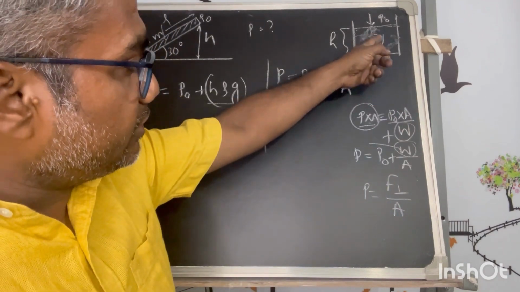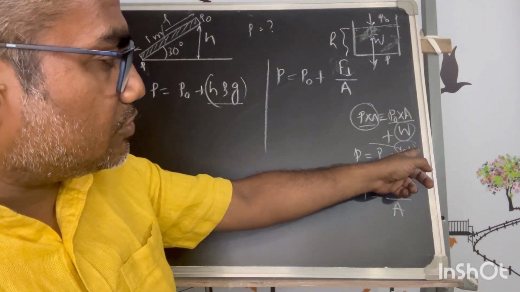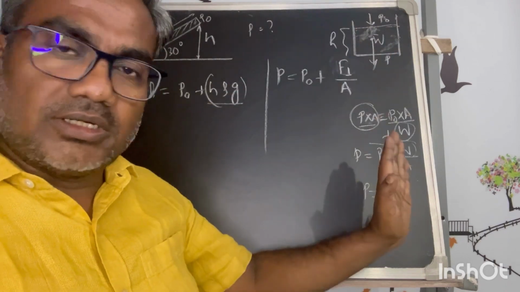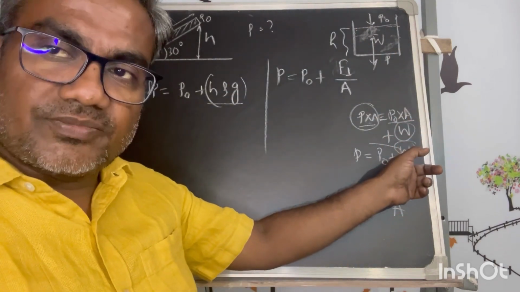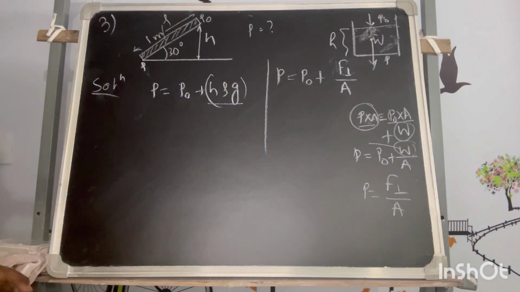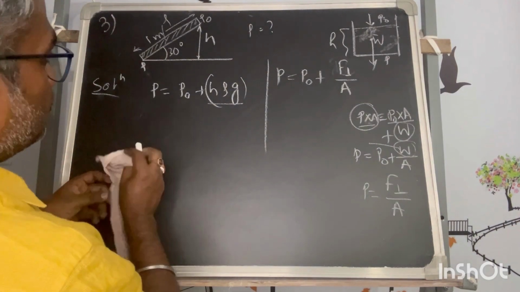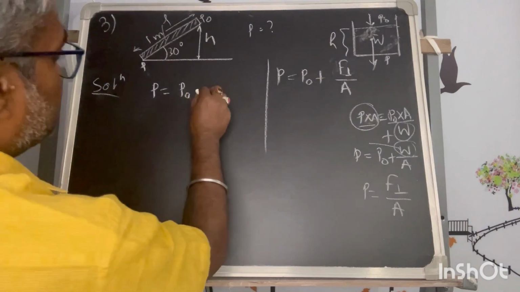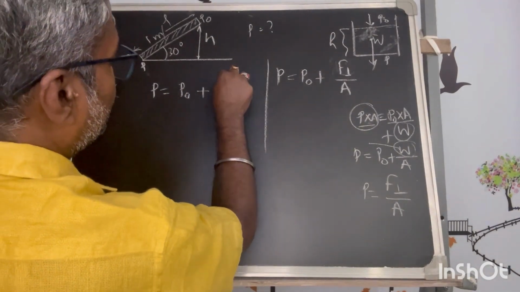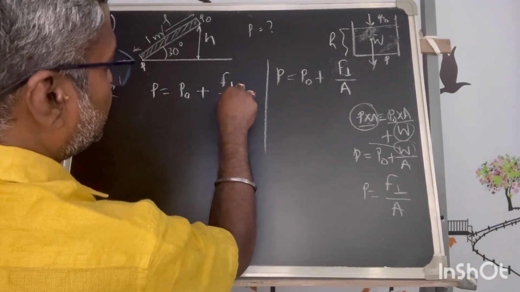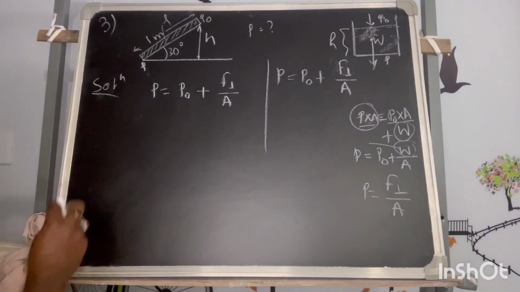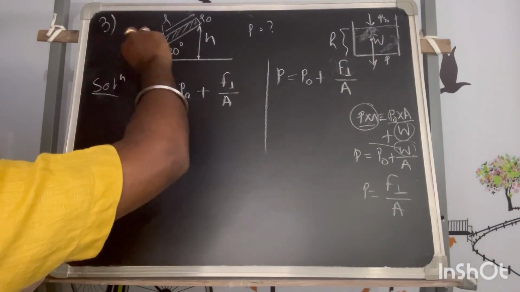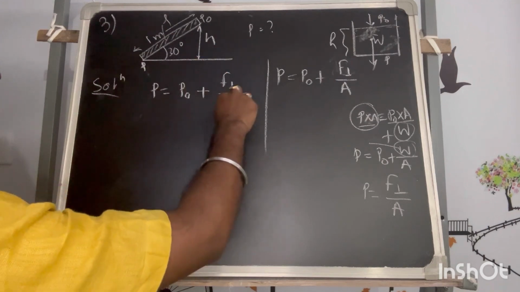There also, during deriving, the weight will always act vertically down, so we have taken it as the vertical force. Here also the same thing: it is nothing but the perpendicular force acting divided by the area of cross section of the fluid being considered.